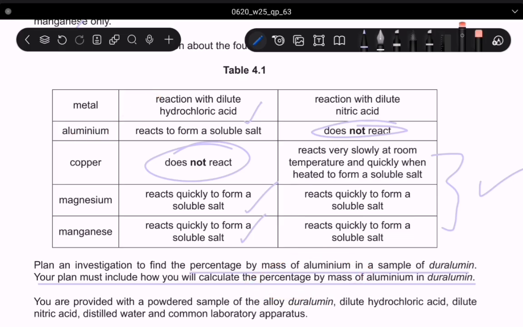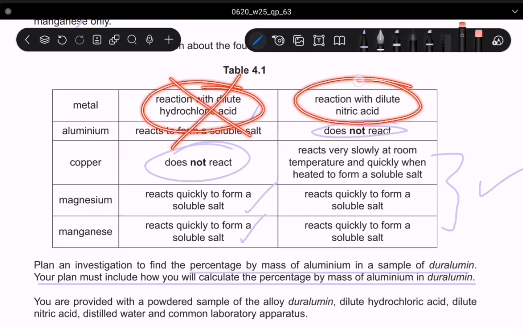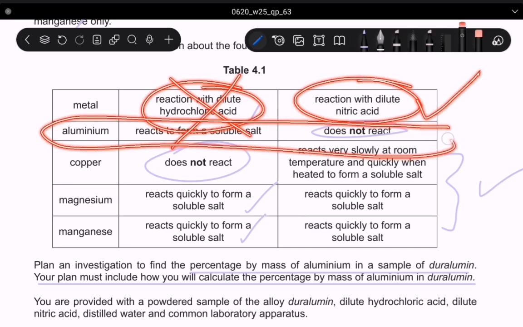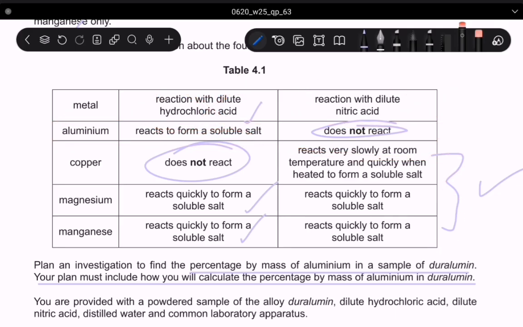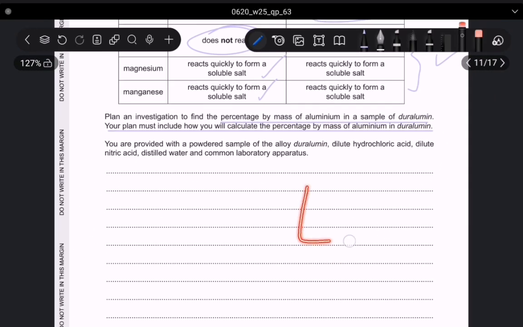So we're going to use dilute nitric acid, not dilute hydrochloric acid, since it is the only one which is not reacting with aluminium, whereas everything else is reacting. So copper, magnesium, and manganese will react with dilute nitric acid, whereas aluminium will not react and will just stay inside.